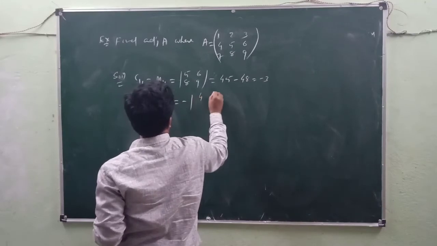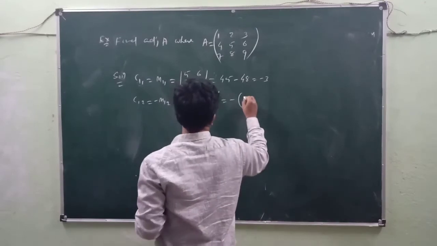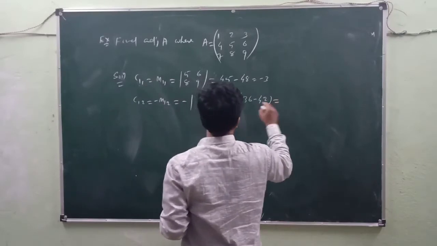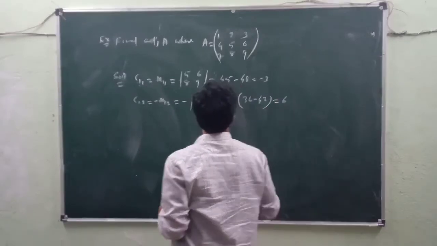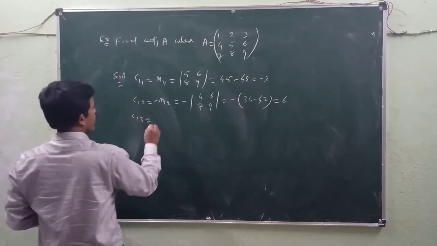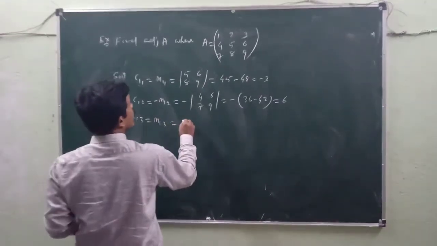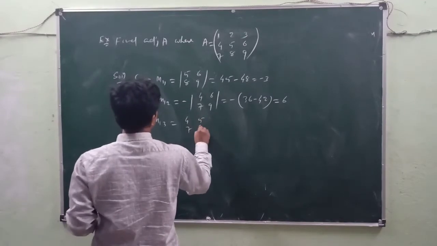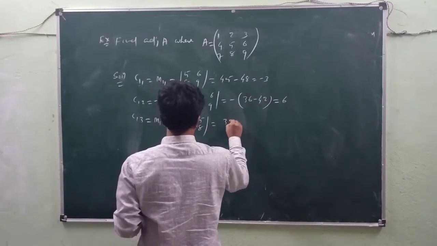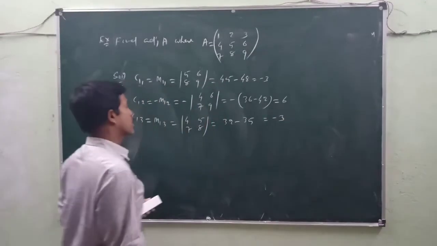It gives the determinant of 4, 6, 7, 9, minus of 36 minus 42, so its value is minus, minus 6, that is 6. Then C13 is M13, the minor of 3. It will be the determinant of 4, 5, 7, 8, that equals 32 minus 35, that equals minus 3.